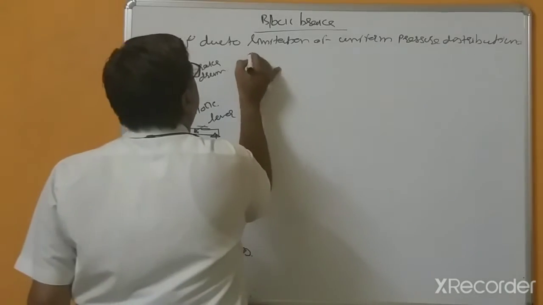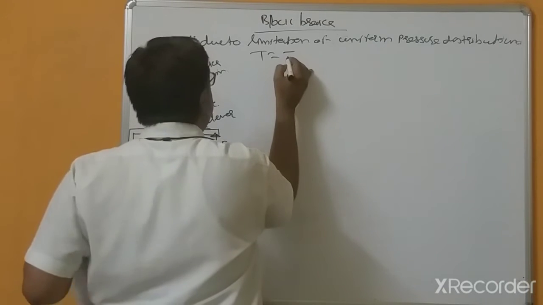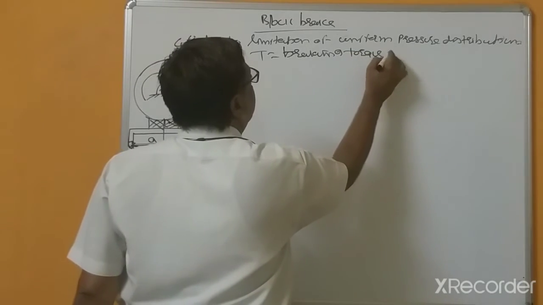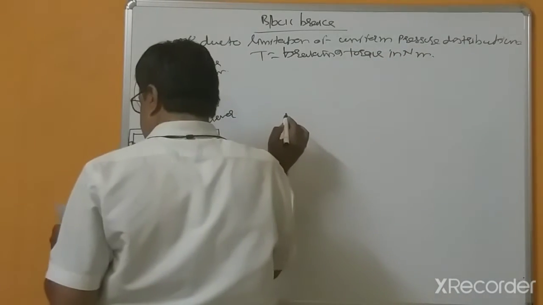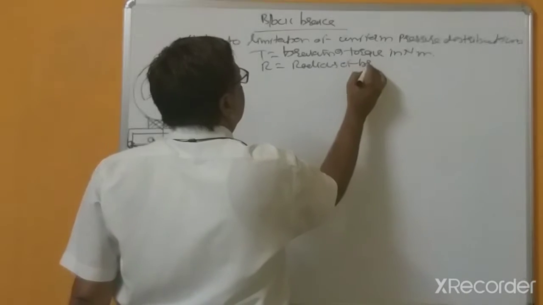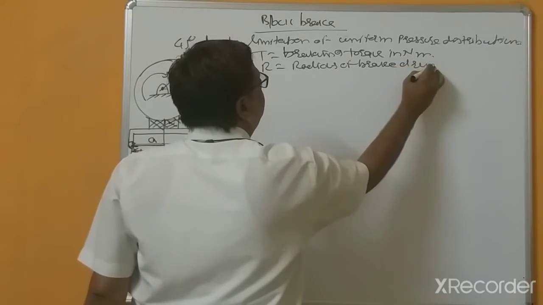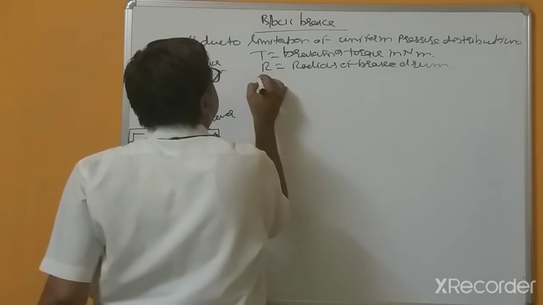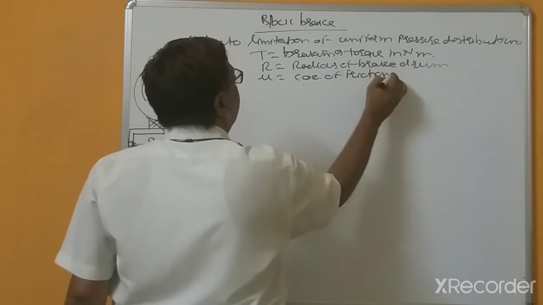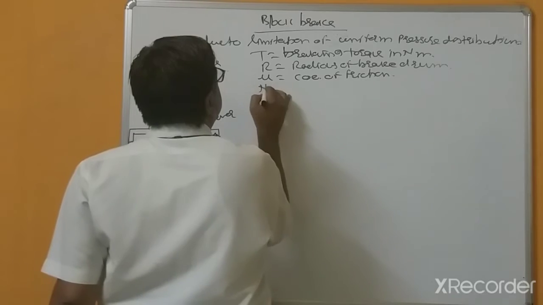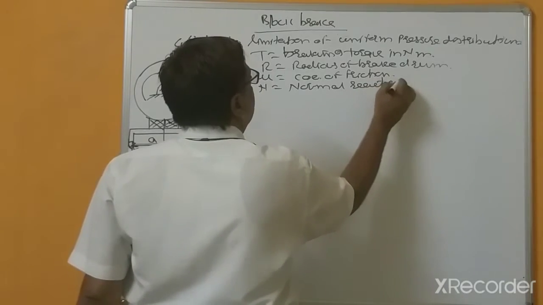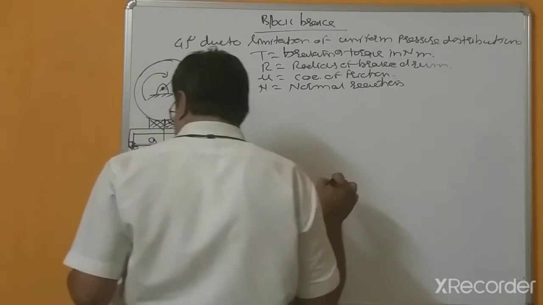here T is braking torque in Newton meter. R is radius of brake drum. Mu is coefficient of friction. N is normal reaction in Newton.